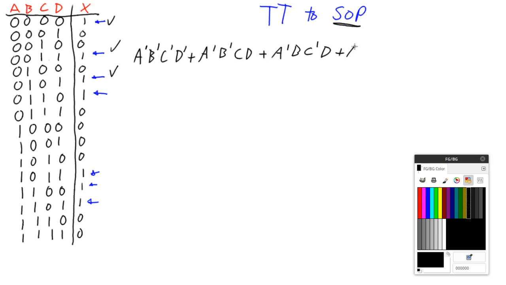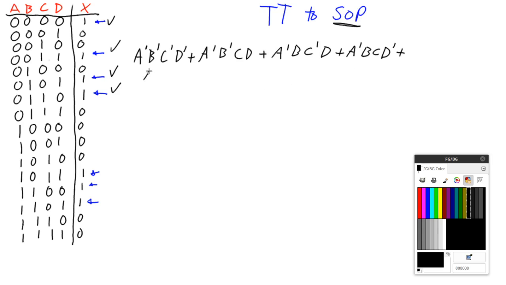Then we've got A not, B, C, D not. There's that one. And then I'm going to kind of roll over here to the next row.